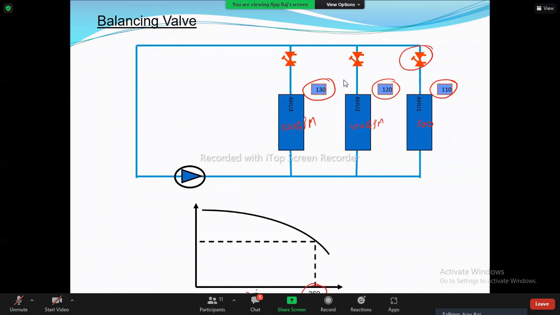That is my ultimate goal. Instead of throttling the last one, I started with the second last one. The moment I throttled this, it reduced from 120 to 116. The moment this became 116, there will be some increase in flow in the first one, and some increase in the last one also.